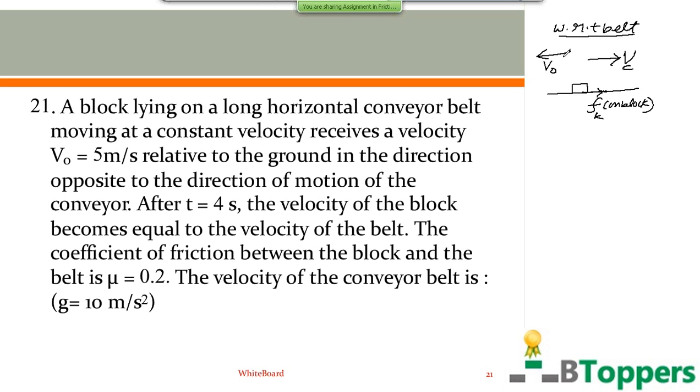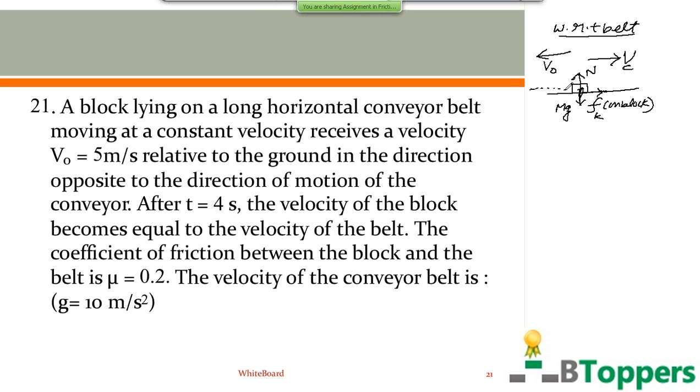The velocity of the block relative to the belt is directed towards the left side, therefore the frictional force on the block by the conveyor belt acts towards the right side. The other force which acts on the block is its weight mg, acting vertically downwards. The normal reaction force on the block by the surface of the belt acts vertically upwards, perpendicular to the surface in contact, directed away from the surface in contact.